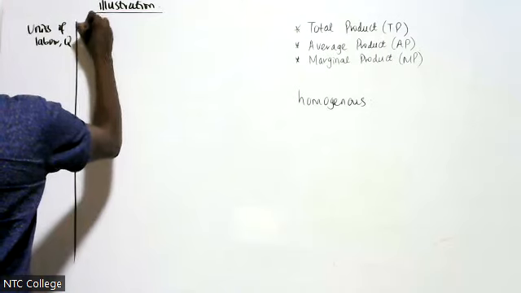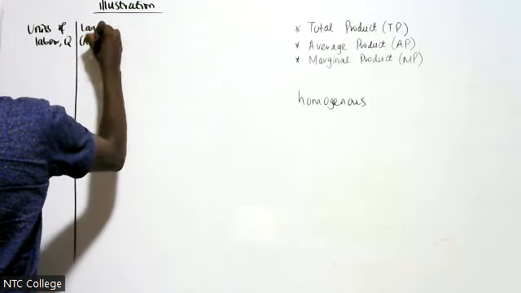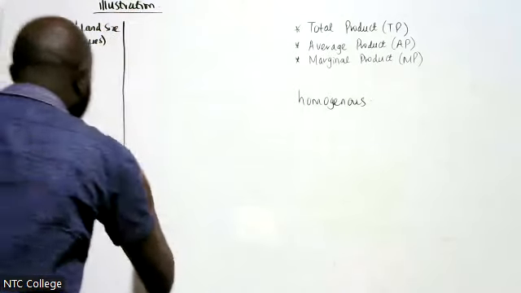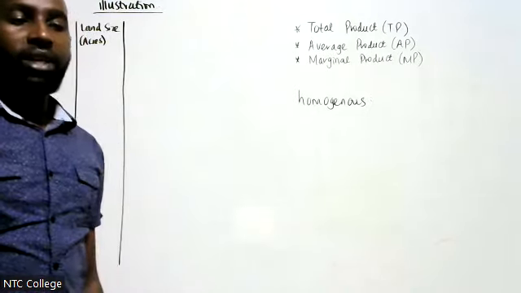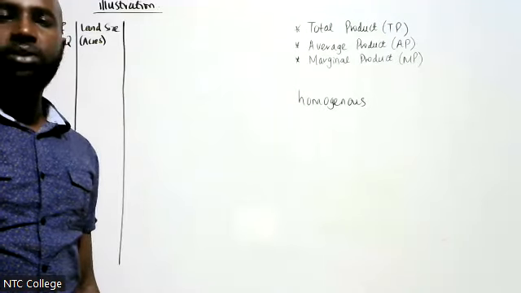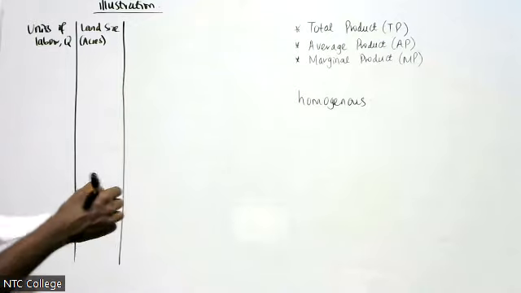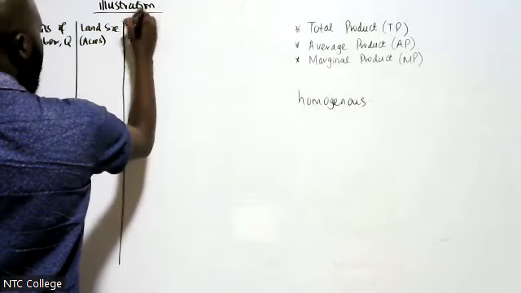Then we have land size in acres. That will be a fixed factor because we are assuming you're producing at one particular point and this land will not change. We are just taking it to be a constant.